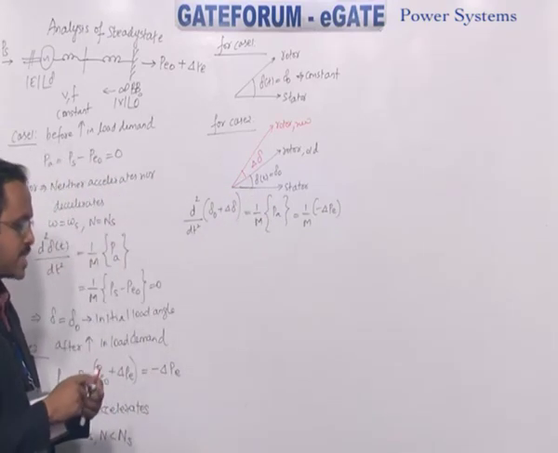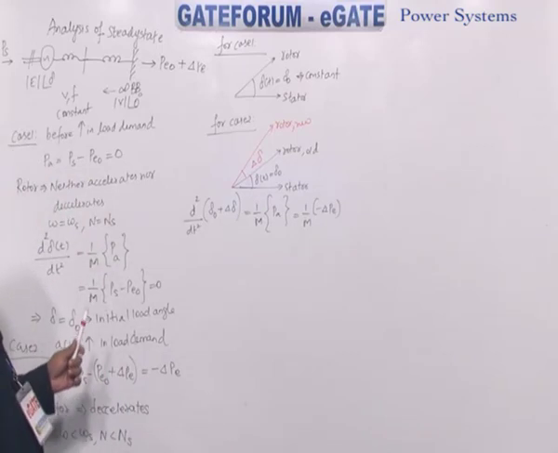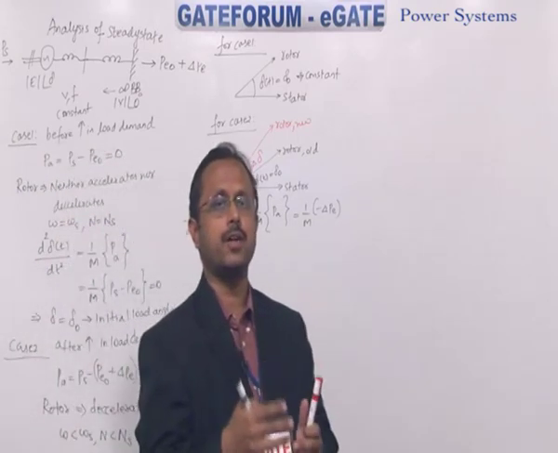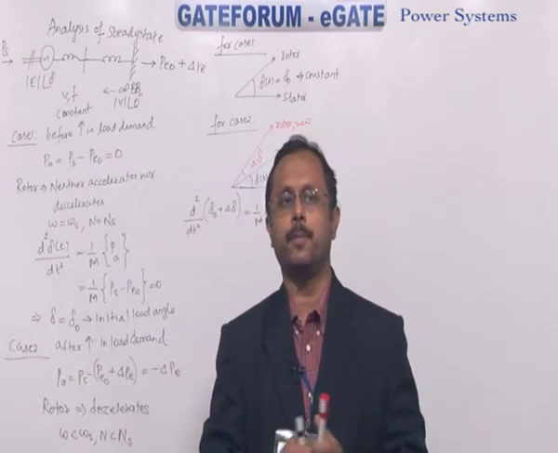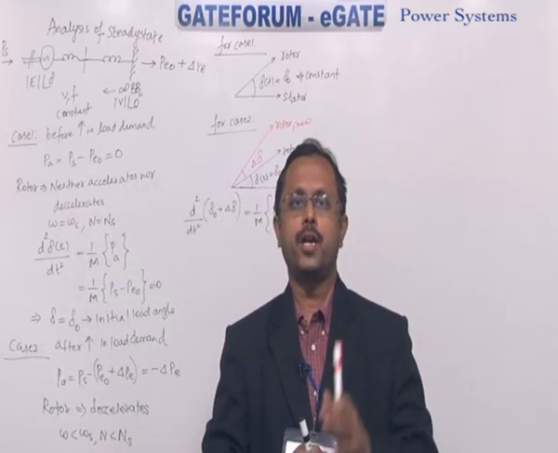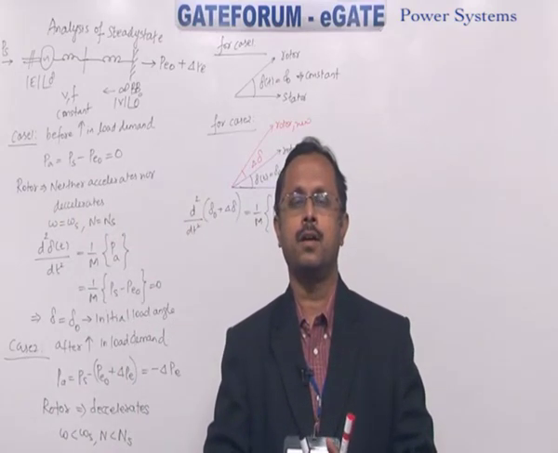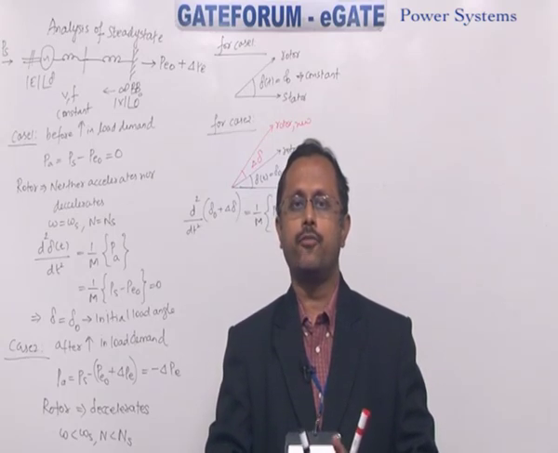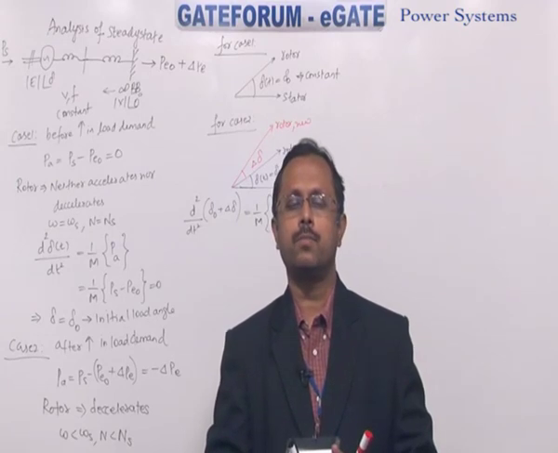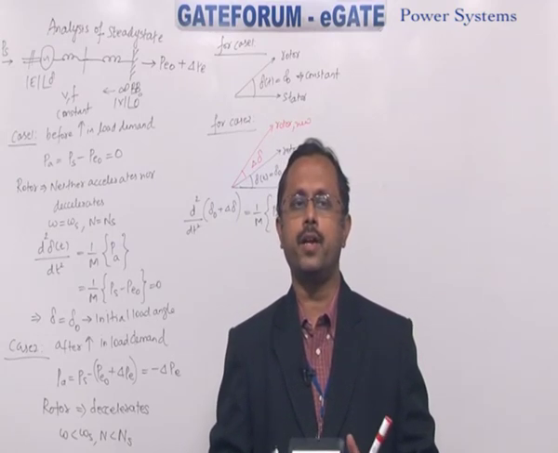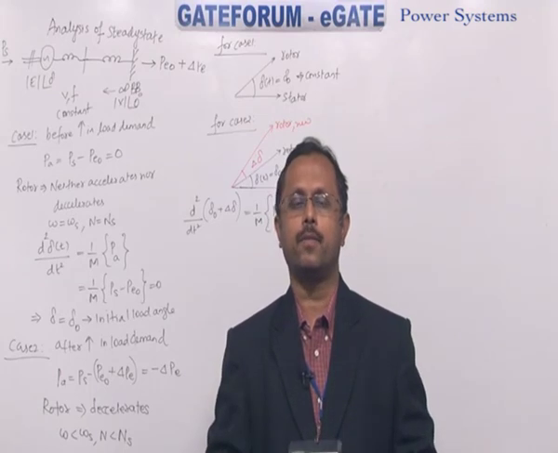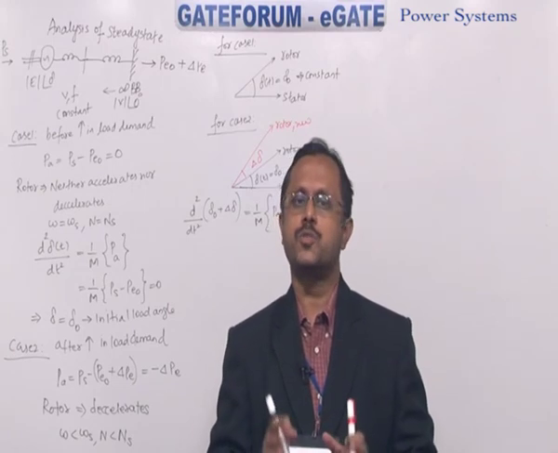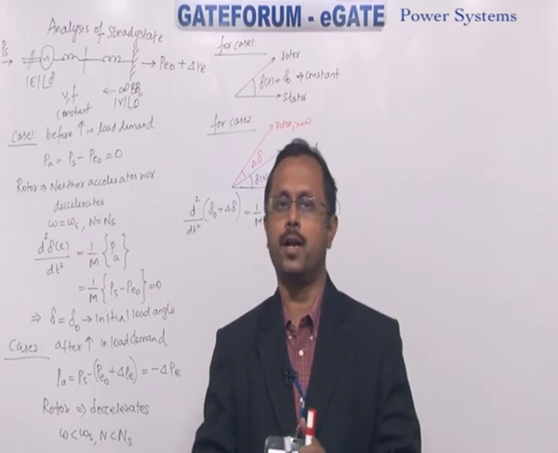So I repeat these steps once again. You know that the swing equation is used for analysis of transient stability. But you can also use the swing equation to analyze the steady state stability, that is, to find the rotor oscillations for small and gradual changes in load demand.